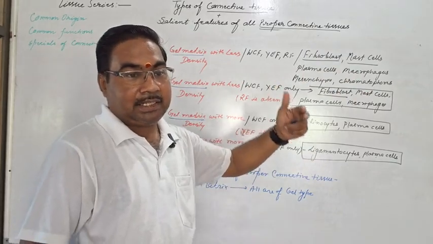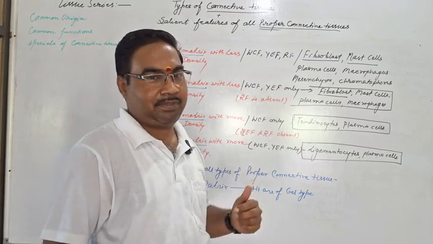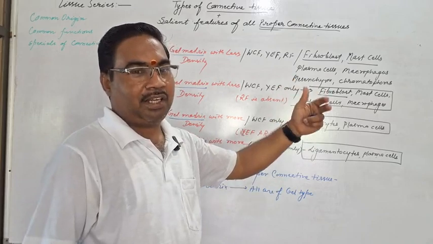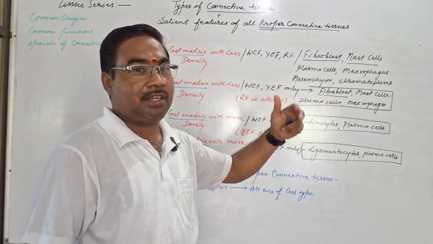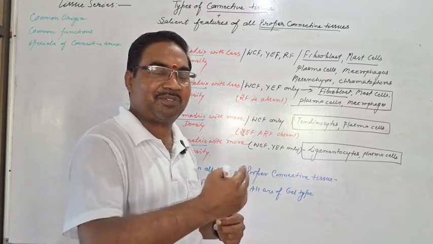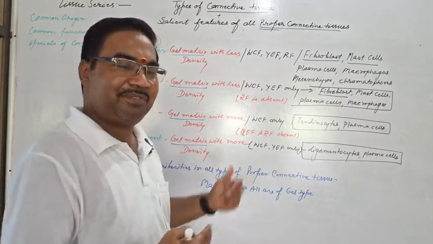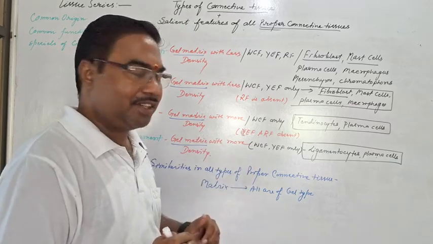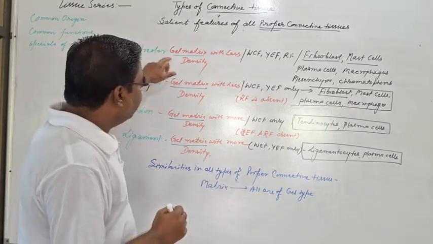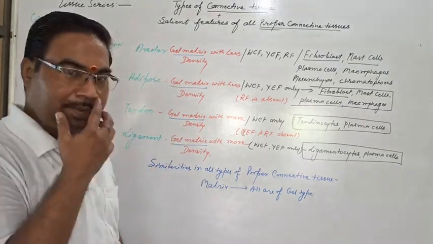In skeletal connective tissue the matrix is solid, and in vascular connective tissue the matrix is liquid. So all three types, solid, liquid, gas, that you studied in chemistry, are present. Focus here that gel matrix is the similarity between all proper tissues.